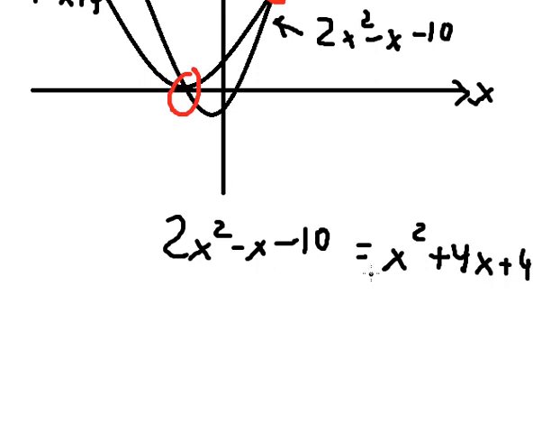So I will put this one to the left. So x squared minus x squared, we have x squared, negative x, negative 4x, we have negative 5x, negative number 10, negative number 4, we have negative 14.